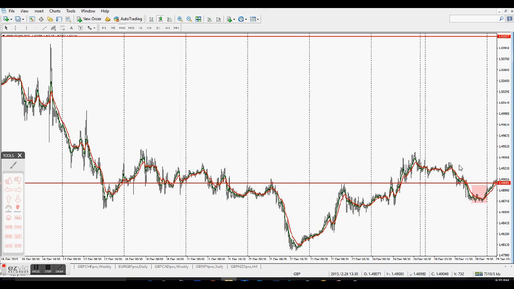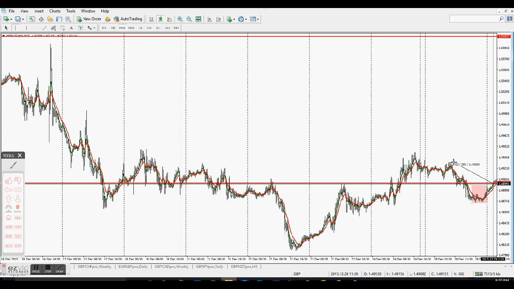So what we want to do, if we're taking a look at this entry here, we want to try and maybe get an entry at these highs here, which is, if we go up 30 pips, the first standard deviation, if we go up the 25, well, it was only 25, the first 25 is going to put you right to this area.